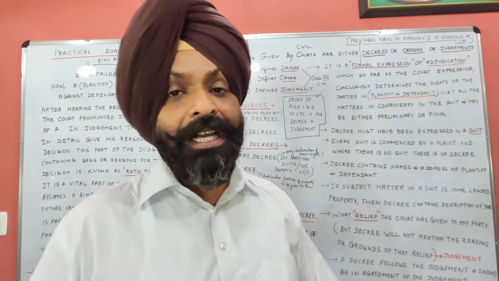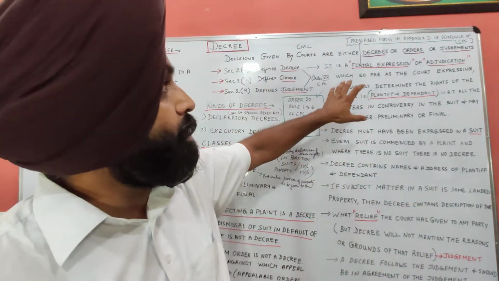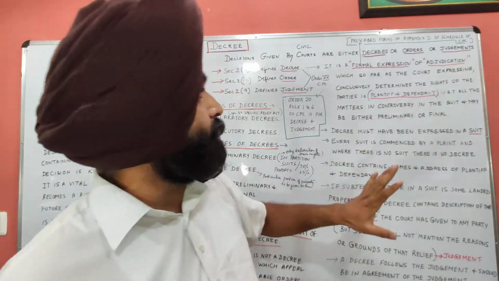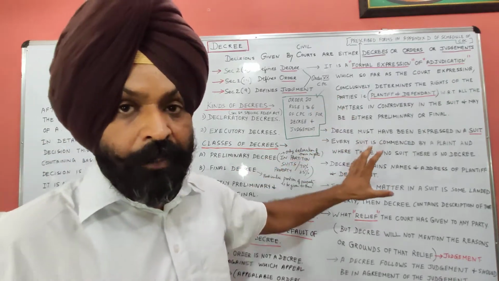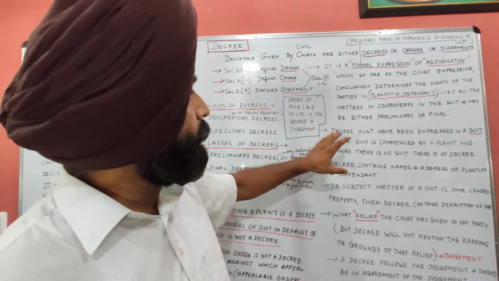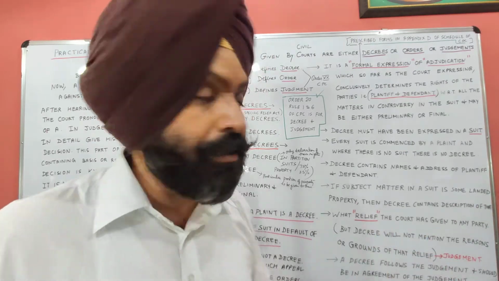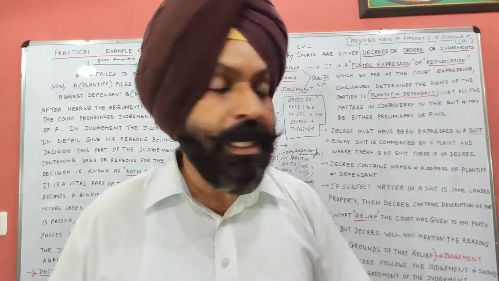So this whole thing is known as adjudication, and that whole thing has to be written in the judgment. But in this decree, it's just a formal expression of adjudication in which the court conclusively determines the rights of the parties with respect to all the disputed matters, or with respect to the controversy in the suit.